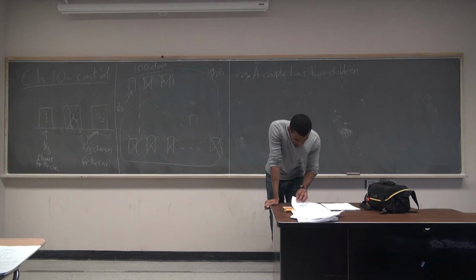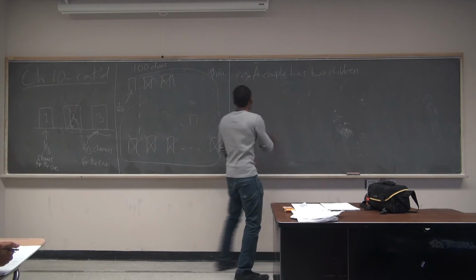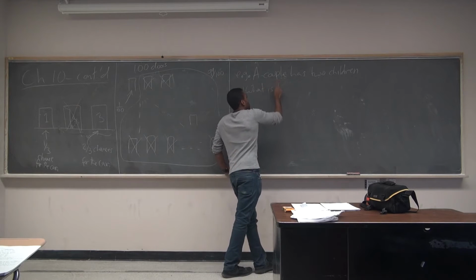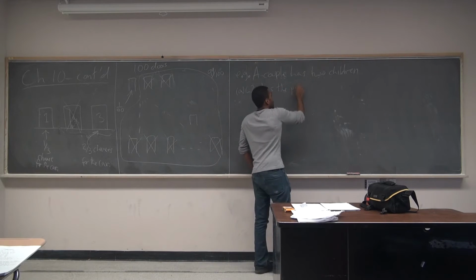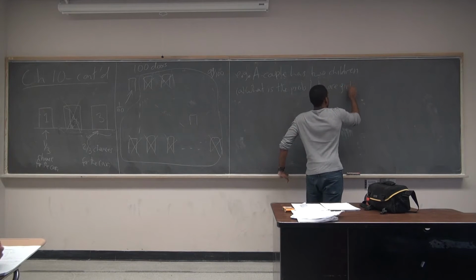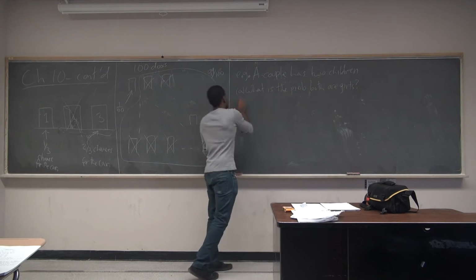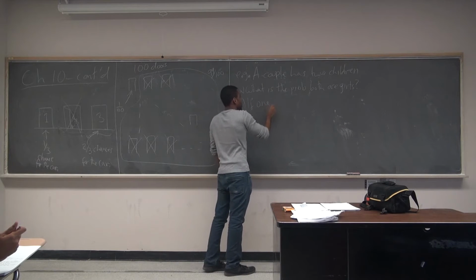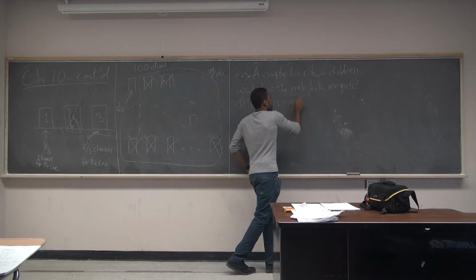The possibility that both are girls was the first one. So a couple has 2 children. What is the probability both are girls? And then, if you know that one is a girl, what's the probability that the other one is a girl?